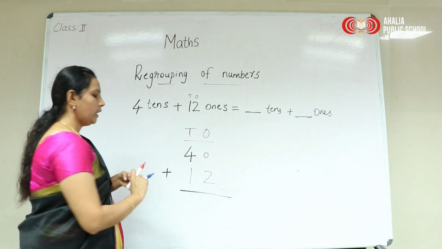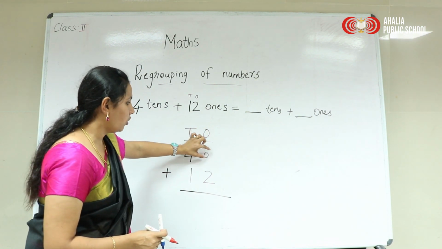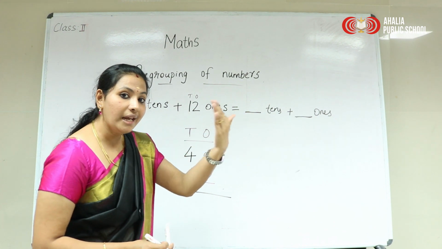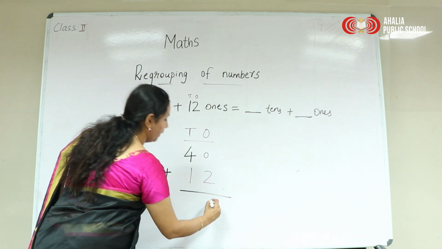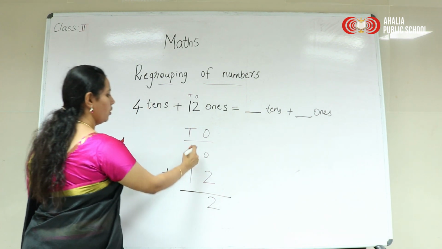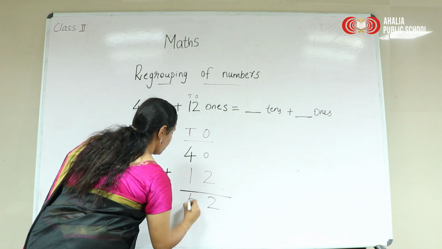So, we know when we add any number with 0, what will we get? The same number, right? So 0 plus 2, tell me. Yes, it is 2. 4 plus 1, yes, 5.